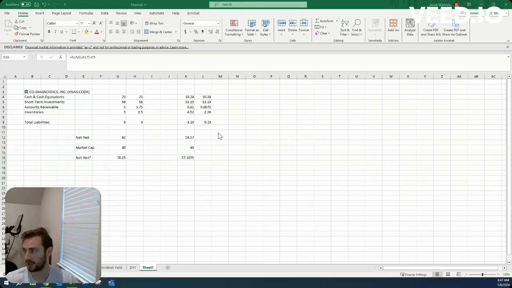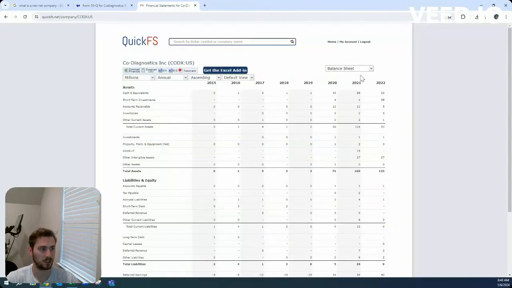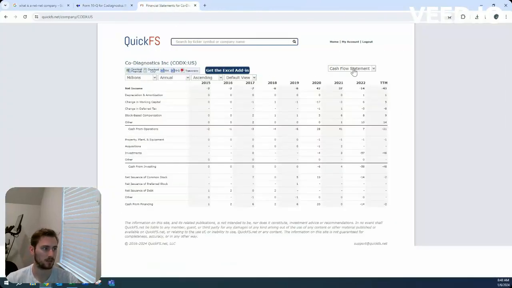If we look at their income statement, or I guess their cash flow too, over the most recent 12 months they've actually lost $22 million in cash from operations. So you could say that if they keep that up, they have a $22 million a year burn rate.